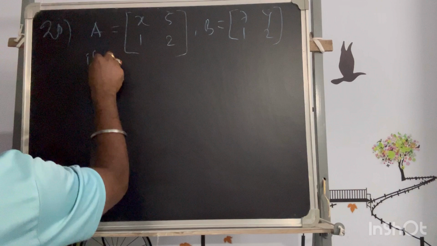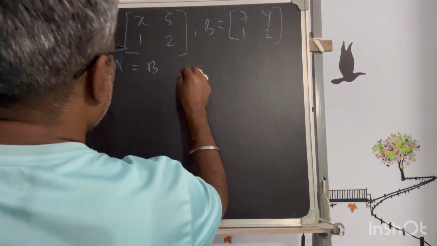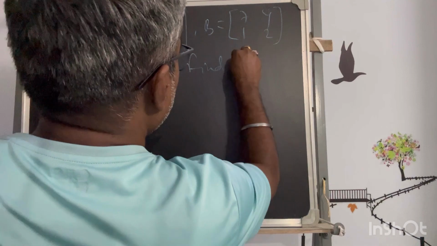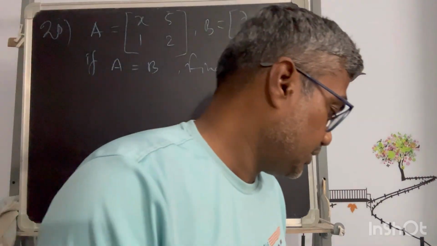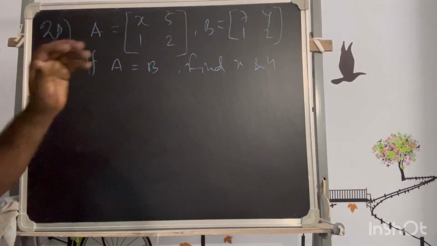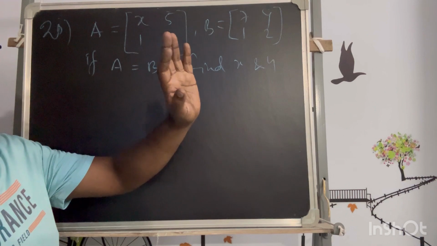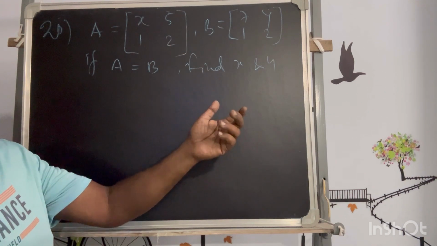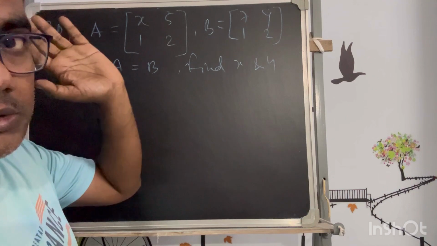If the condition is that A is equal to B, the matrices are the same, then find X and Y. This is the simplest form of finding a variable, but the same concept will be applicable when we solve the equation of a matrix with variables.